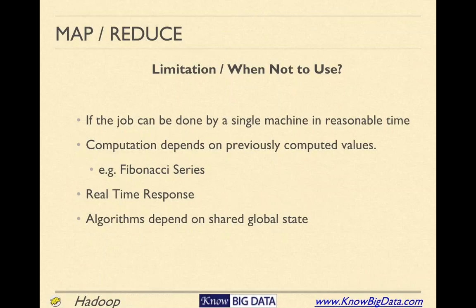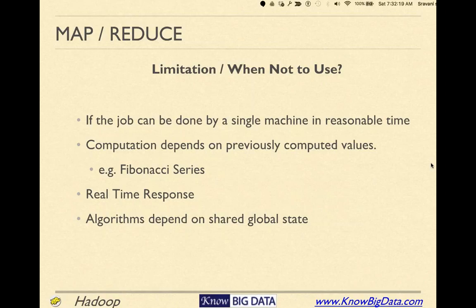For example, first, if you think that the job can be and will be easily handled with a single machine or single node, then don't get into MapReduce. Just for the sake of using MapReduce, don't use it. All right?